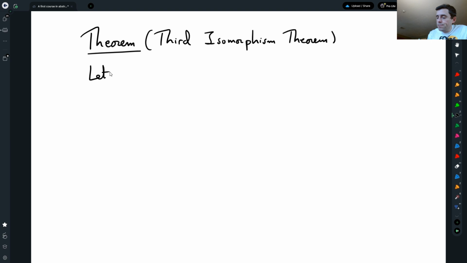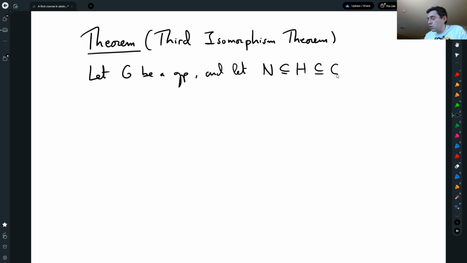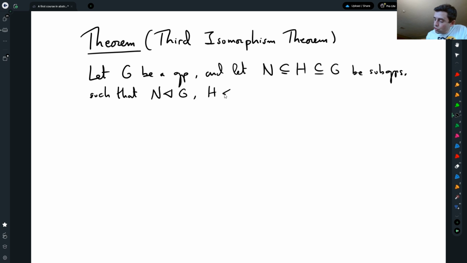Let G be a group, and let's have a group N inside a subgroup H inside G. So all of these are subgroups such that N is normal in G and H is normal in G.